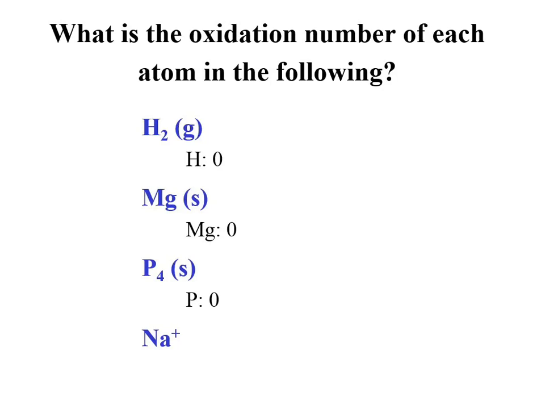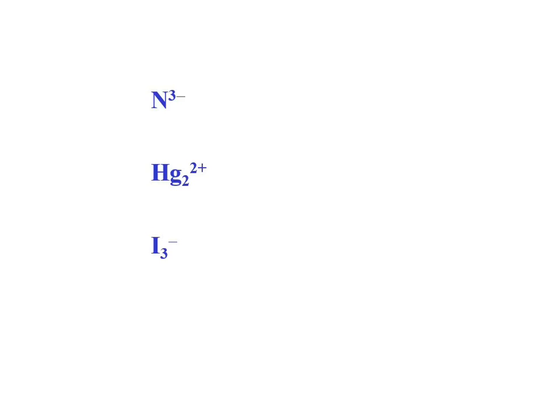What about the sodium that's a +1 cation? +1. Yep. That's it. All right. The nitride ion, oxidation number -3. We already talked about these. The mercury(I) polyatomic cation, Hg2 2+, they're each a +1.